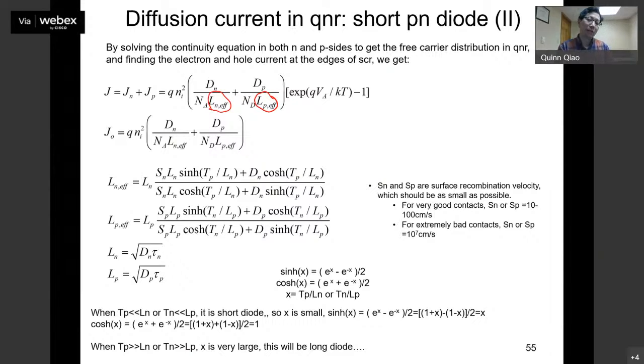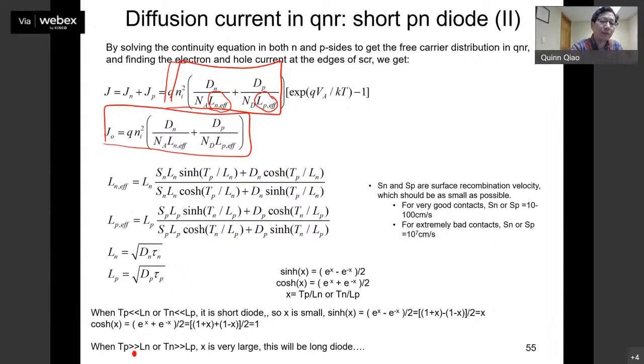The first one is the effective diffusion length for electrons in the P side. And then the same thing as we discussed before: the whole thing here is J_s, that's why this equation is J_s.